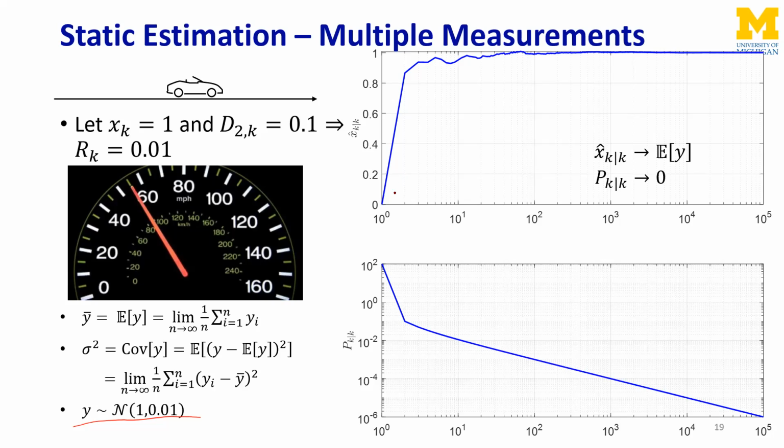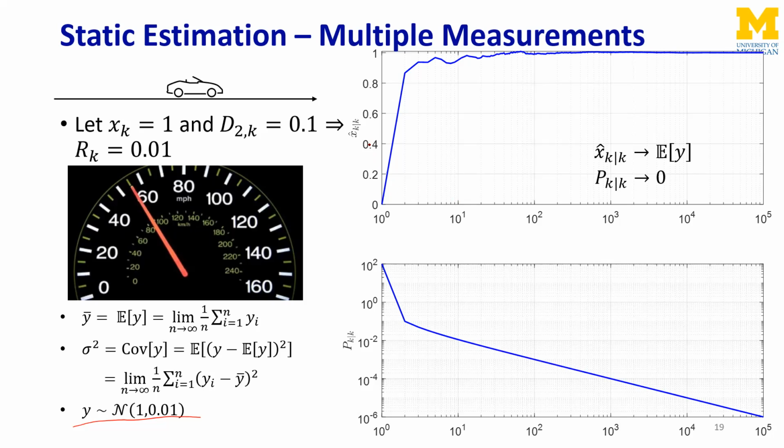The first plot shows the posterior estimate at each step. And we see that the estimate immediately goes to near 1, and then hovers and gets closer and closer, almost closing at 1. But this has taken 10 to the 5 steps. This is the log scale.